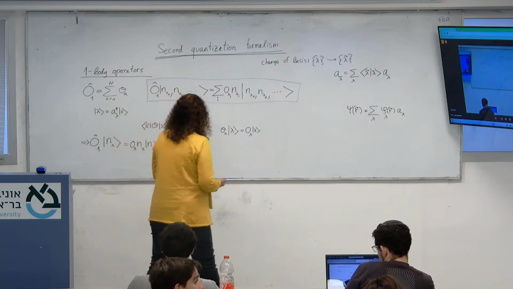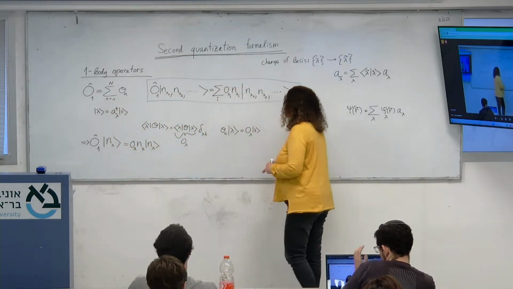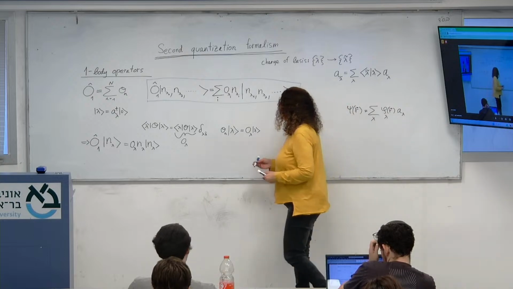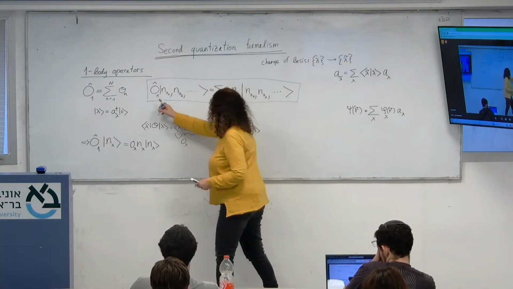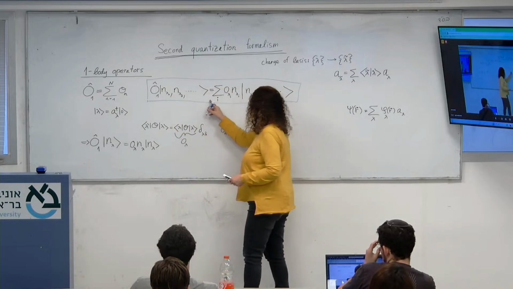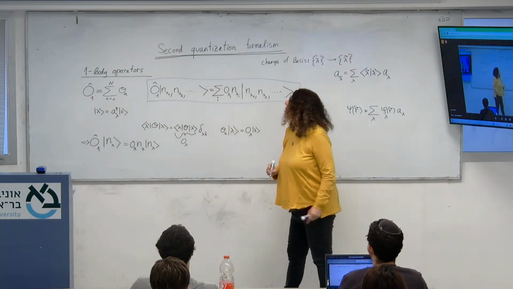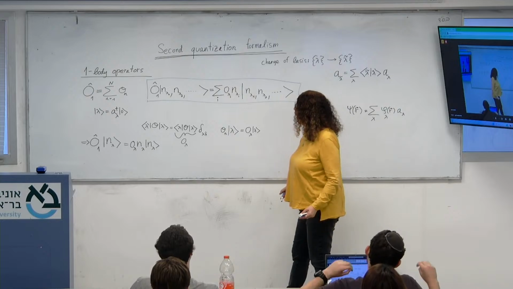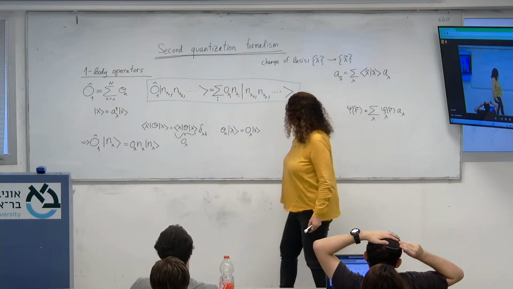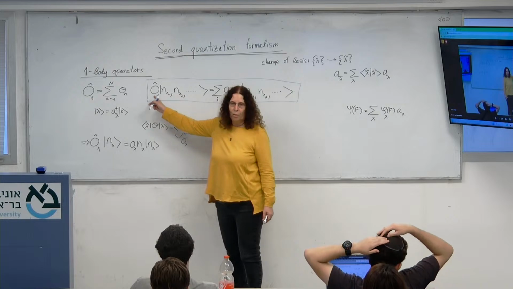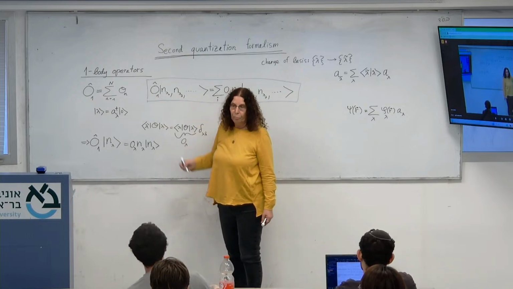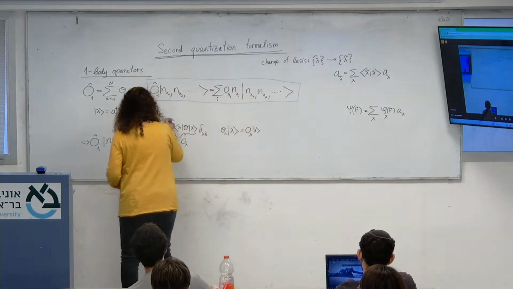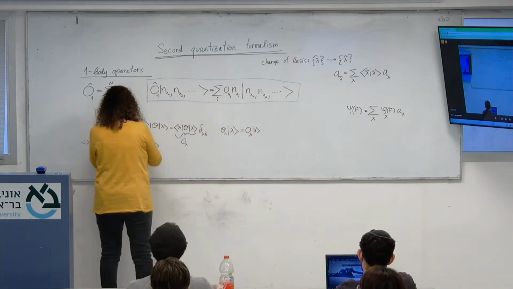Okay, so if you like, by writing this identity, you already know how to write any matrix element of O1 in Fock space, right? Because what will be any matrix element?